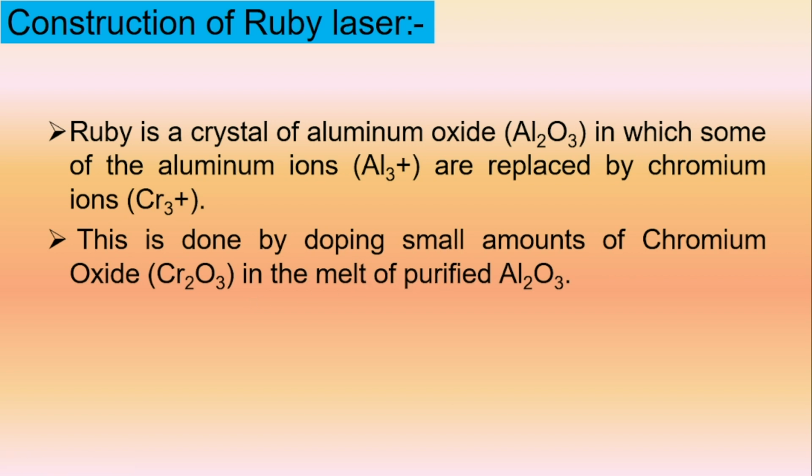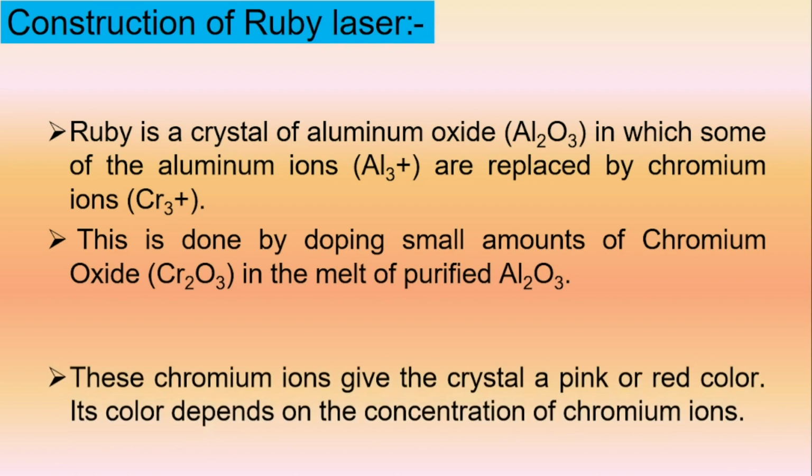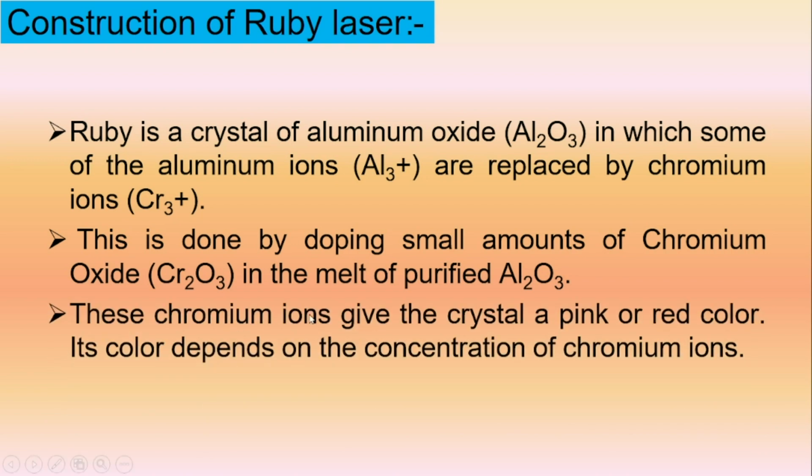When a small amount of chromium oxide is mixed in the melt of purified aluminum oxide, then we get the ruby crystal. These chromium ions give the crystal a pink or red color. Its color depends on the concentration of chromium ions.